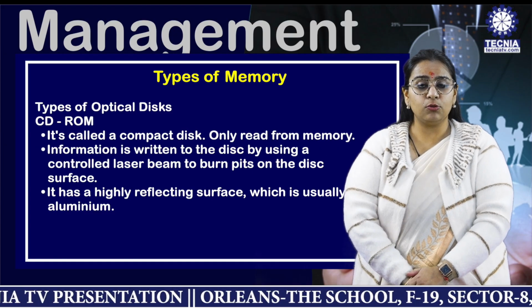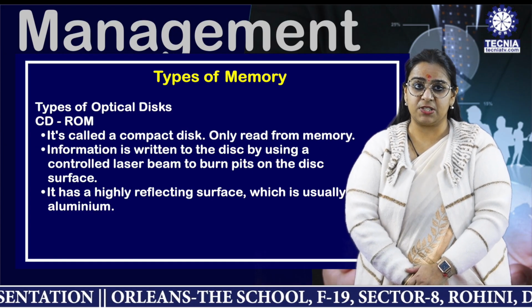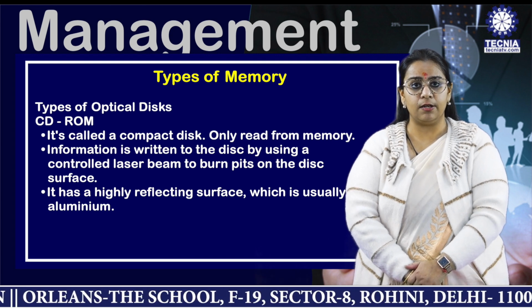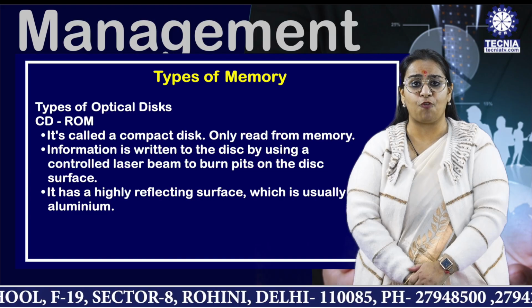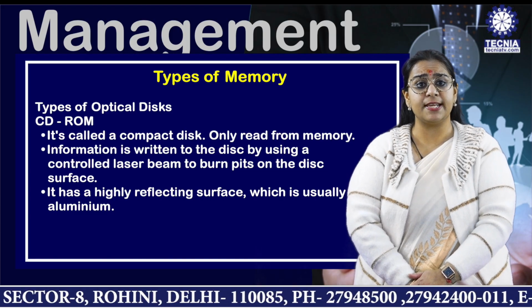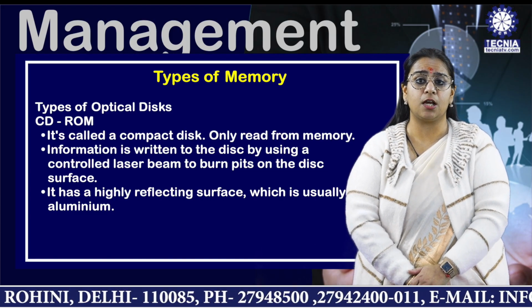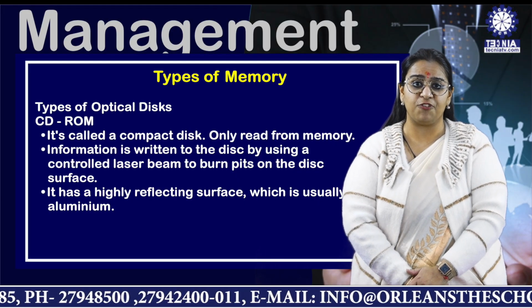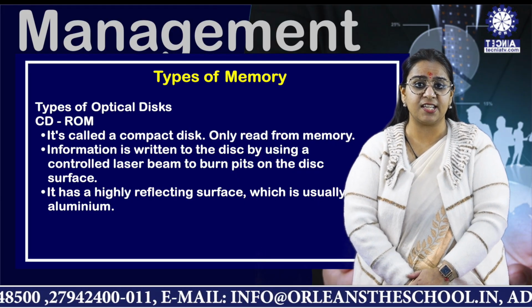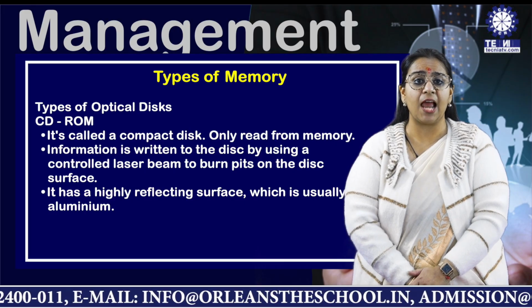So we'll talk about the third and last type, the optical disc. The first one here is CD-ROM. It is called a compact disc read-only memory. Information is written to the disk by using a controlled laser beam to burn the bits on the disk surface. It has a highly reflecting surface, which is usually aluminum.